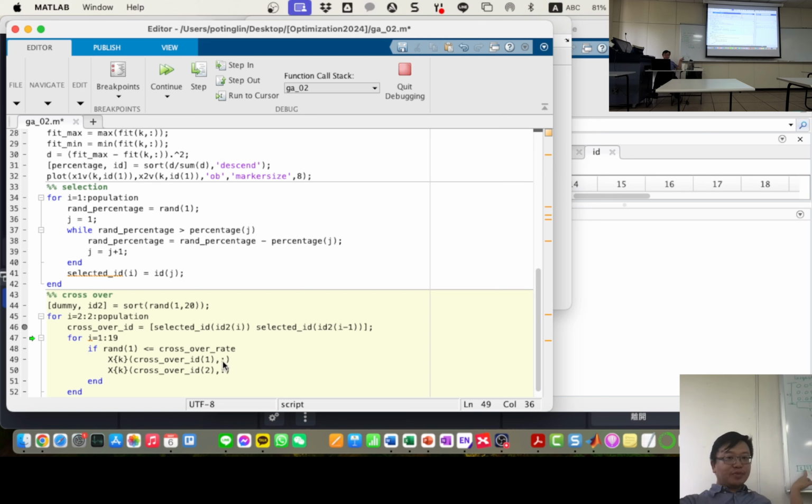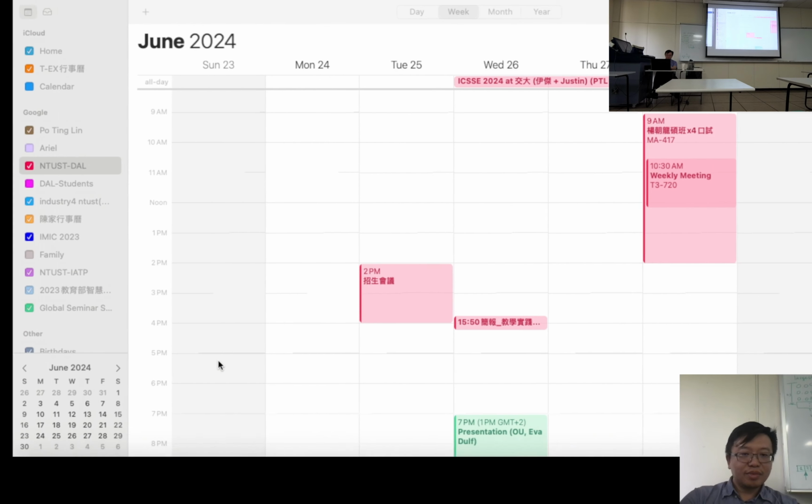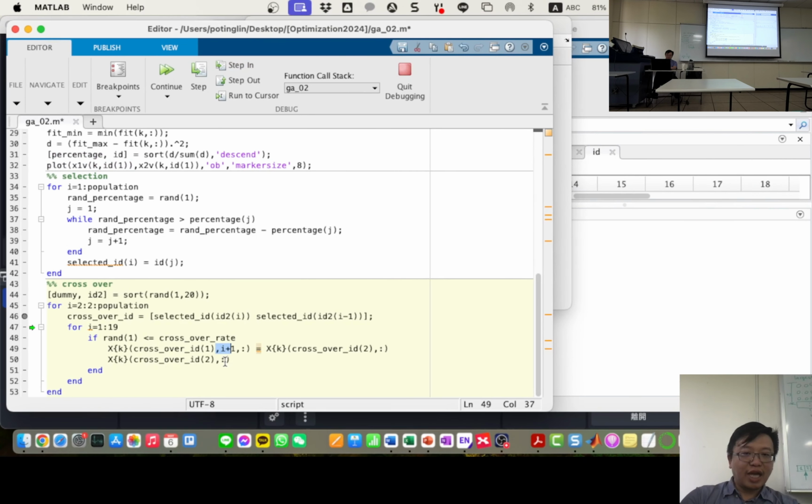So I plus 1 to the tail. This will equals to the other body. The other body. Okay. Oops, sorry. The other chromosome's tail. Okay? But when you do that, the first chromosome's tail will be disappeared. It will be replaced by the other chromosome's body. So you need a memory. I'm gonna call this temp.